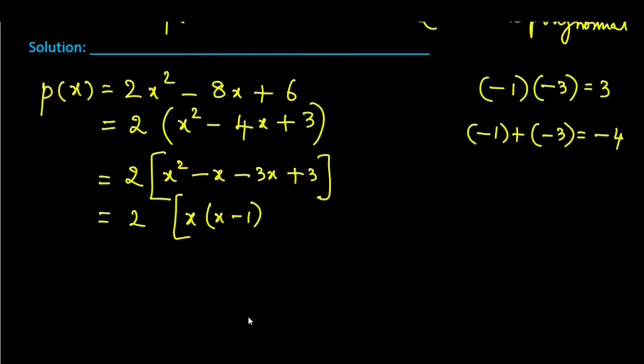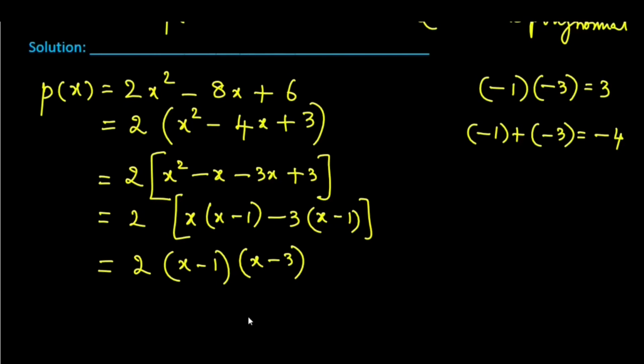Here we take minus 3 as common factor out because we have to get x minus 1. Minus 3 into x minus 1. Now this can be written as 2 into x minus 1 into x minus 3.